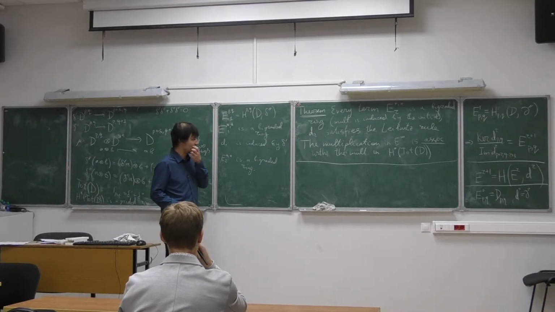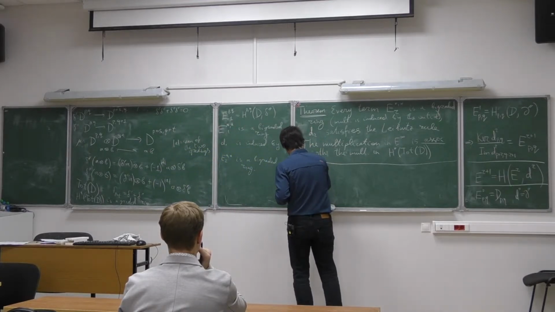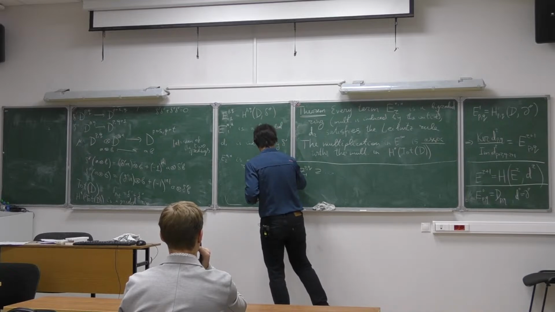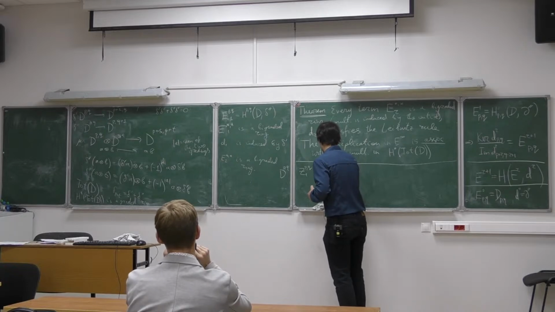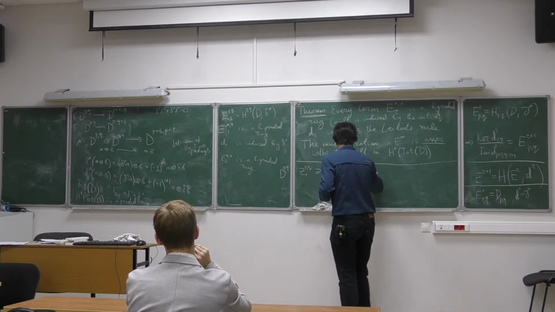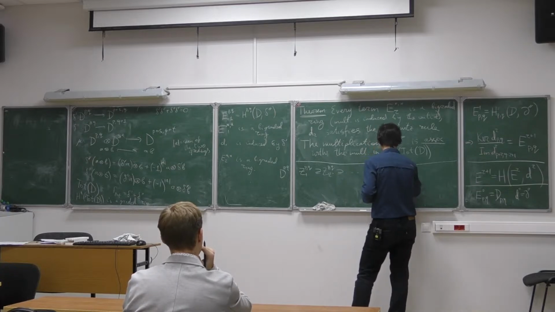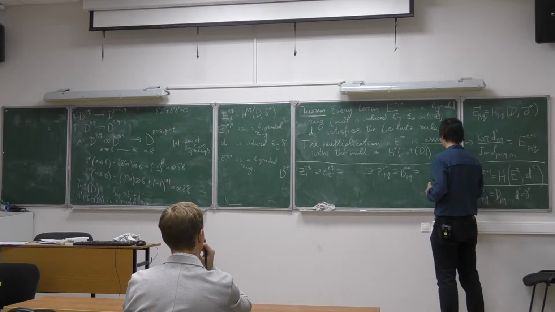Well, actually, the situation is even simpler. I recall that we have such a sequence of groups. These are subgroups of D_{PQ}. And we have such a sequence of groups, B^1_{PQ}.